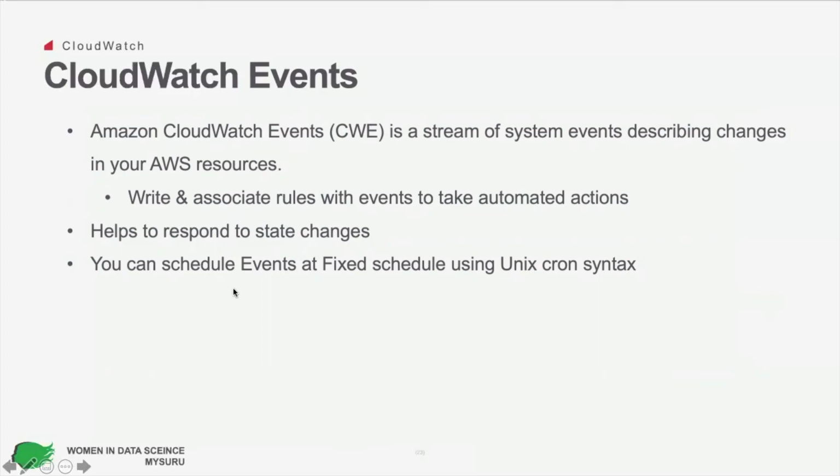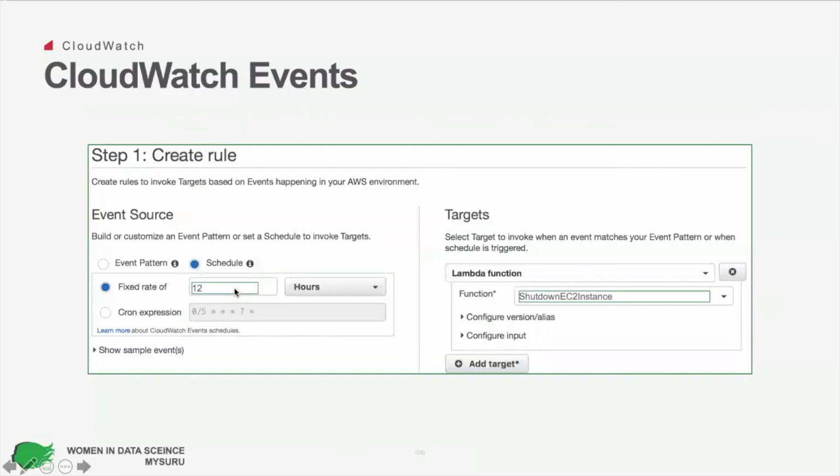So take an example. You have a bunch of teams working in both IST and PST time zones. Their respective dev workloads, that is non-production workloads, can be turned off by the end of their day. So you can write a Lambda function. What you see here is a shutdown EC2 instance Lambda function that can be scheduled to be invoked at a fixed rate, say once in 12 hours.